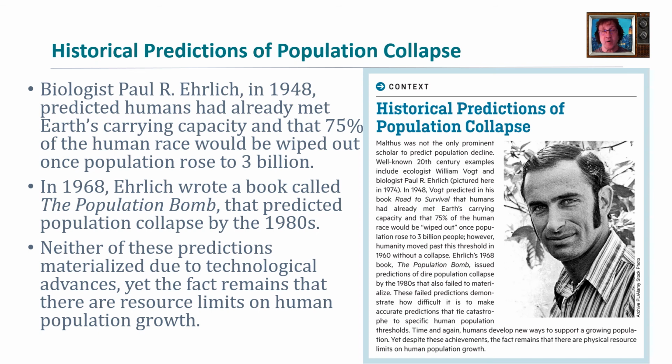So fast forward from all this to Dr. Paul Ehrlich. I actually had Dr. Ehrlich as a professor when I was taking graduate courses in Colorado. He was actually at Stanford University, and he had research going on in Colorado over the summers.